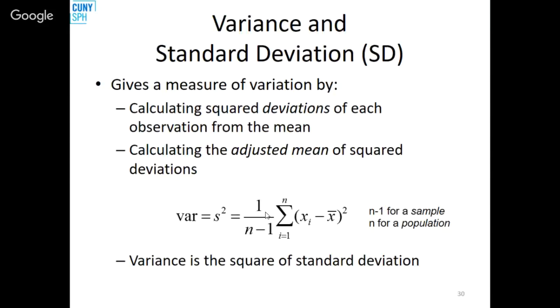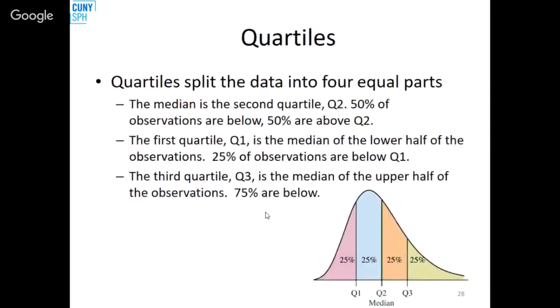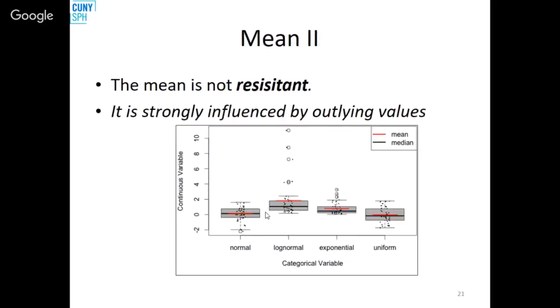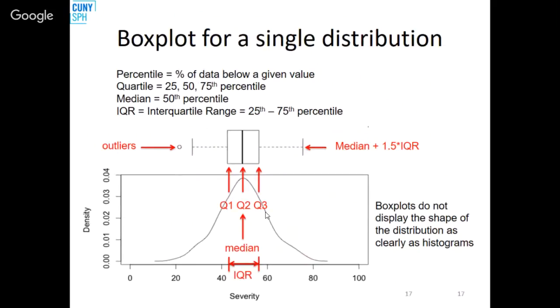Like they're centered. If we calculated the mean every time, we might get something that looks like this, a distribution of means, but the middle of them would be equal to the true population mean.